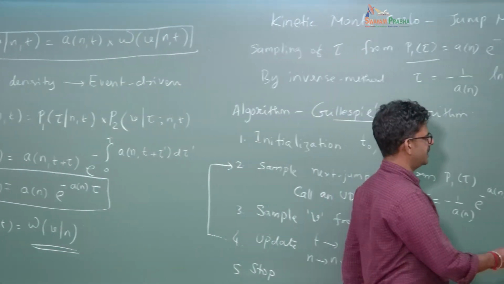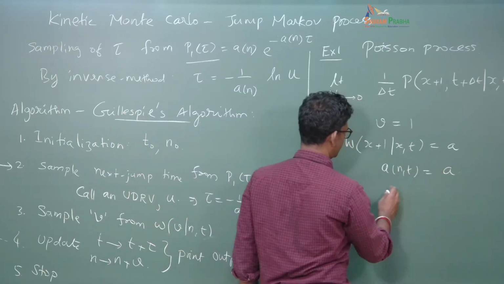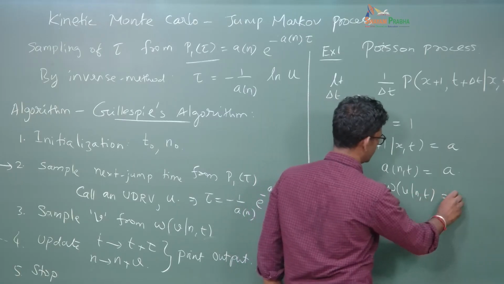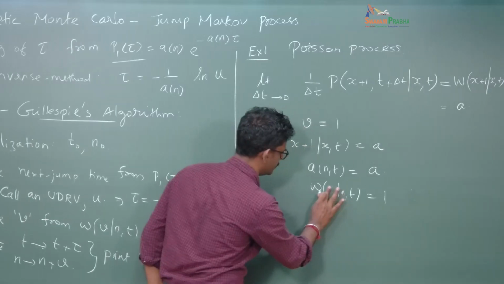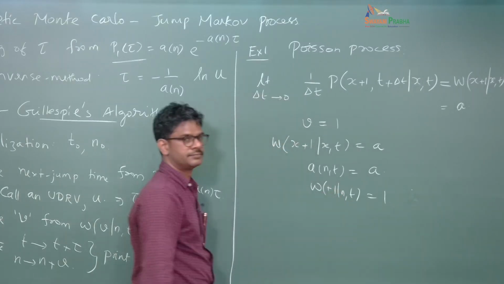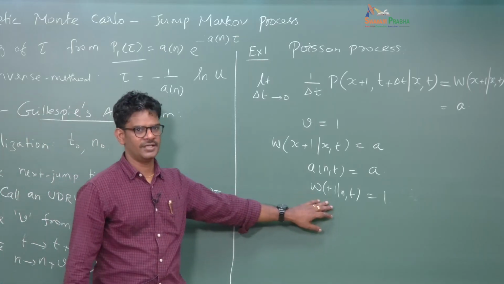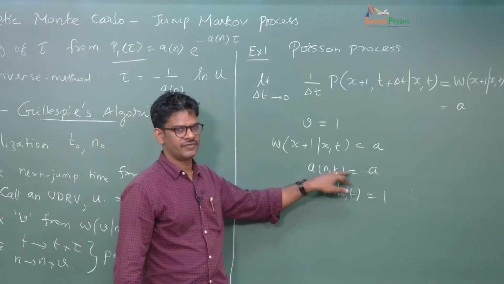So we can say that this a of n comma t is nothing but a, and the omega of nu, n comma t is basically 1 for, actually you should put this as plus 1. So this function omega is 0 for anything other than plus 1, whereas the rate of jump is given by a constant a.